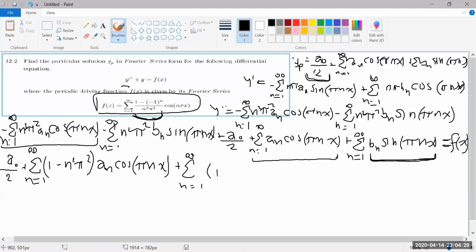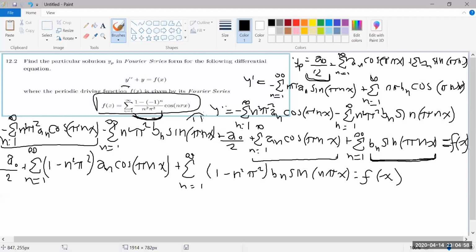So we have a positive 1, and then minus our n squared pi squared times our b sub n sine n pi x. Okay, so now we've condensed as much as we can, and I'm going to set it equal to our f of x. Actually, I don't think I'm going to fit it, and it's going to make it look sloppy, so we're just going to reference it up here.